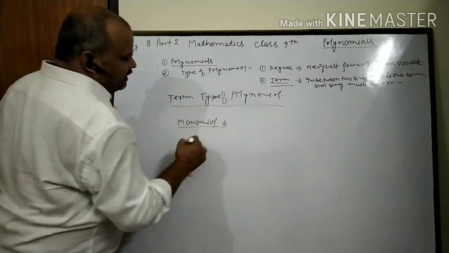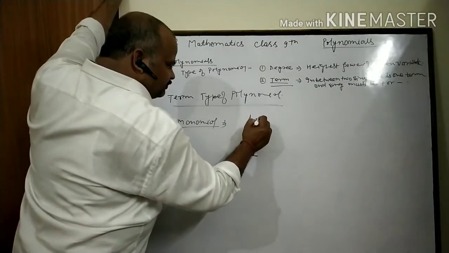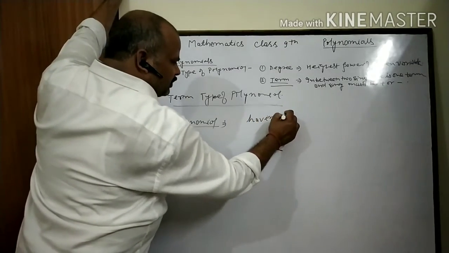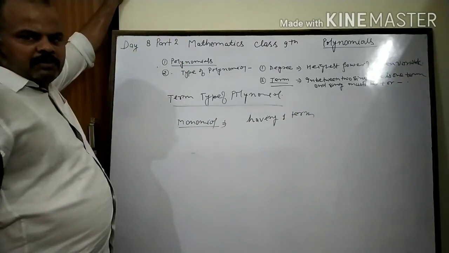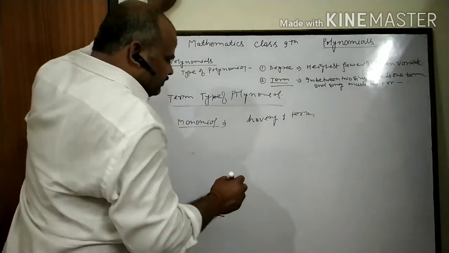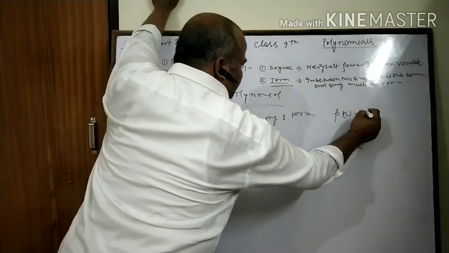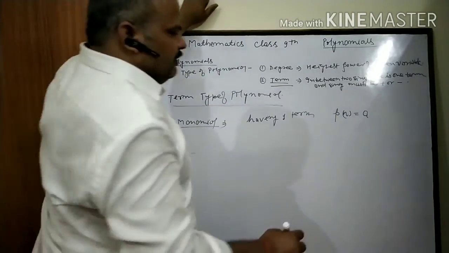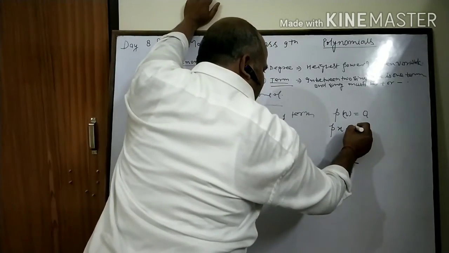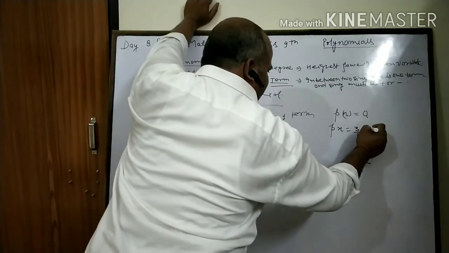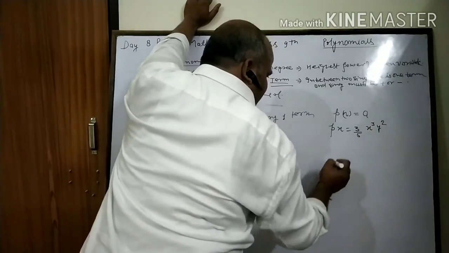Monomial means a polynomial having one term, like p(x) is equal to a. It is the monomial. Or p(x) is equal to 3 by 5 x cube y square.